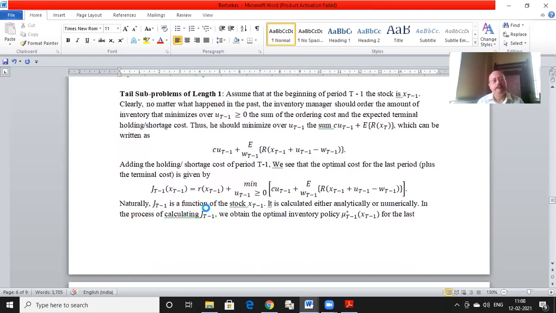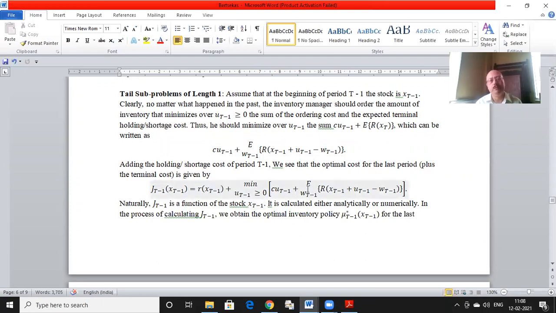And the solution to this, we denote by this symbol capital J. So what is capital J? Capital J is some terminal cost and the minimizer of this thing. Minimizer for all possible non-negative choices of U. I have to solve this.